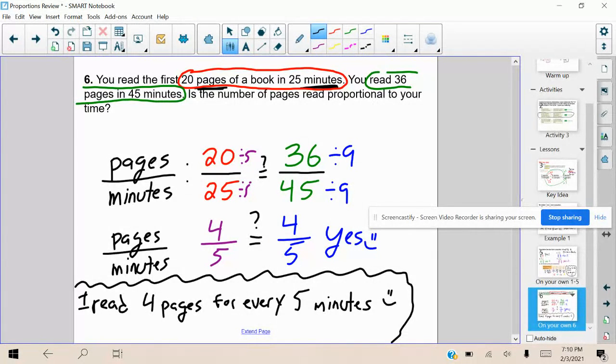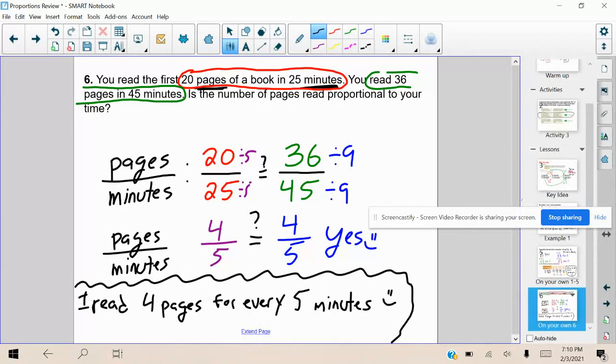And soon we're going to be able to use these proportional relationships to figure out new values. But again, we started by creating a relationship of the number of pages compared to the number of minutes that I read. We filled in 20 pages for 25 minutes and then 36 pages for 45 minutes. We simplified down to see if we can get the same overall value, and we got the fraction of 4 over 5, which means in words, I read 4 pages for every 5 minutes.